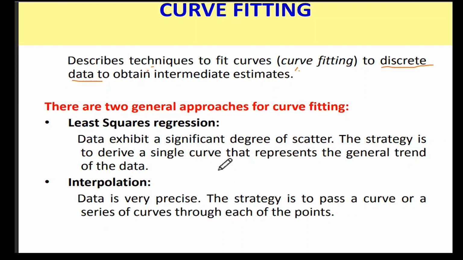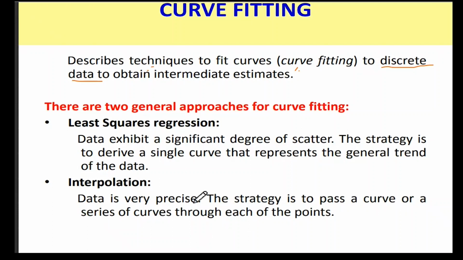So kalau makin menaik, taburan data scatter plot of your data is going upwards along the x-axis, then your single curve should represent that trend, menaik. Kalau menurun, so dia akan menurun. While for the interpolation, the data is very precise, and the strategy used for interpolation is to pass a curve or a series of curve through each of the points.